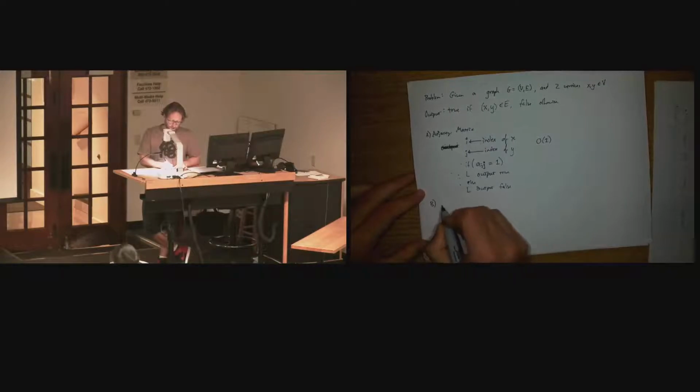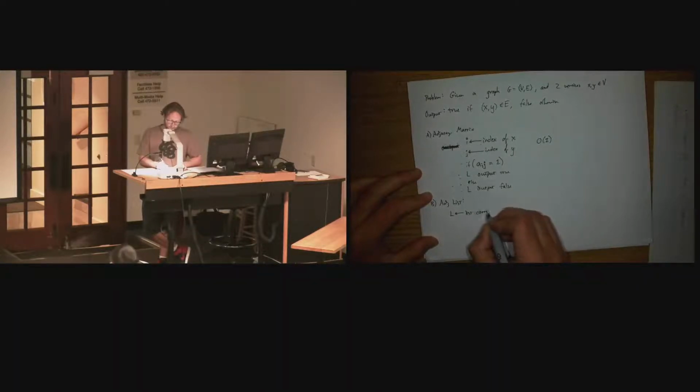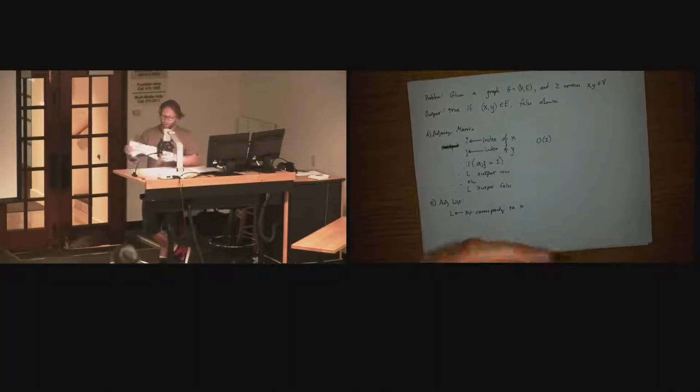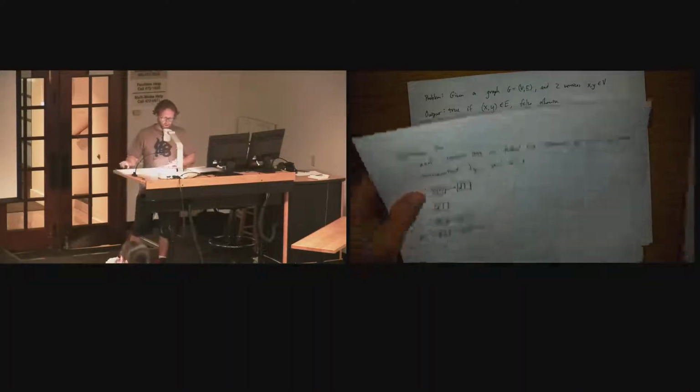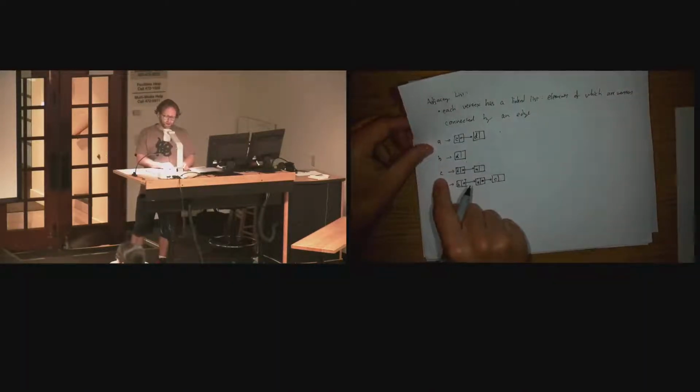On the other hand, if it's an adjacency list, what do we have to do? First of all, we'll go ahead and get the list corresponding to X. And now we have to answer the question. Now we've changed the question, right? If I gave you C and I was going to ask you, well, is it connected to B?